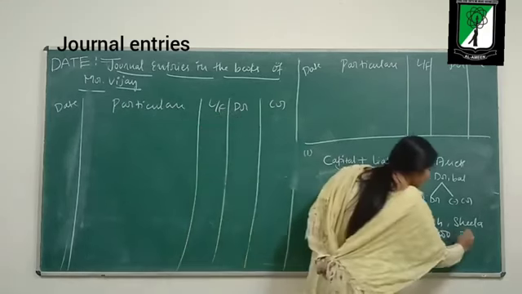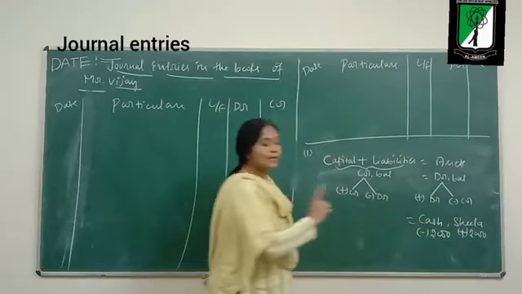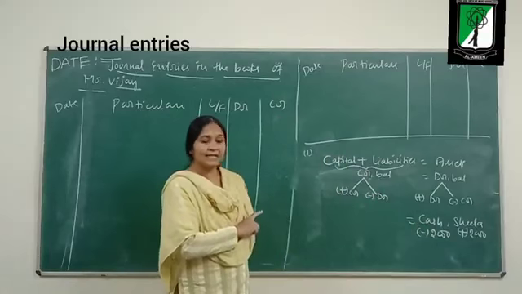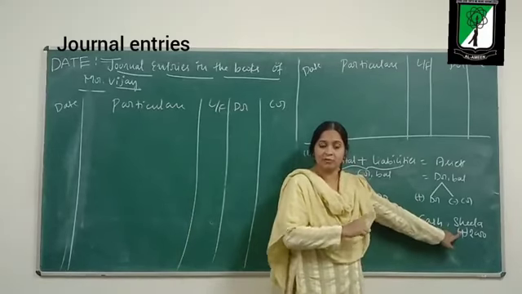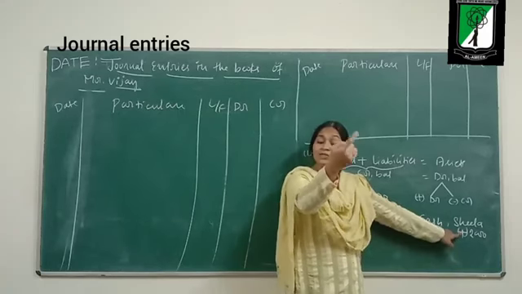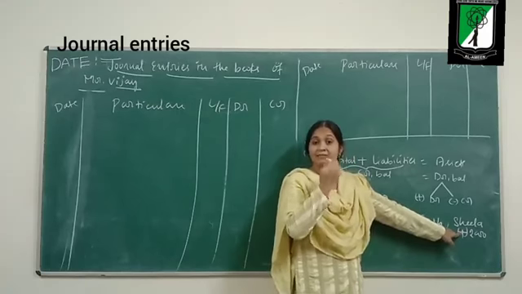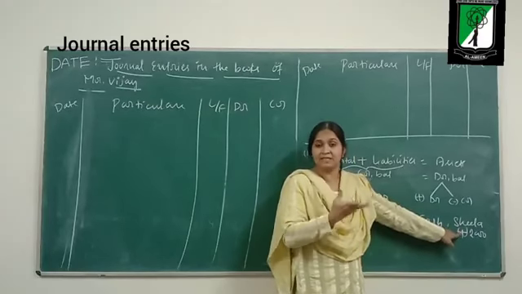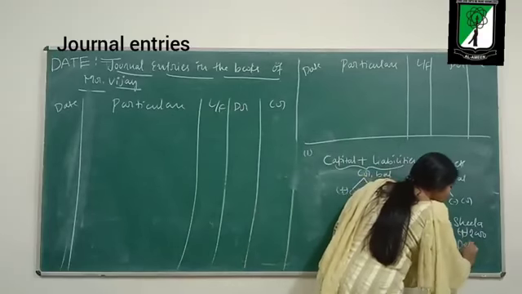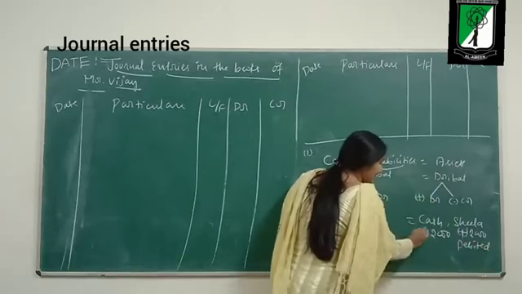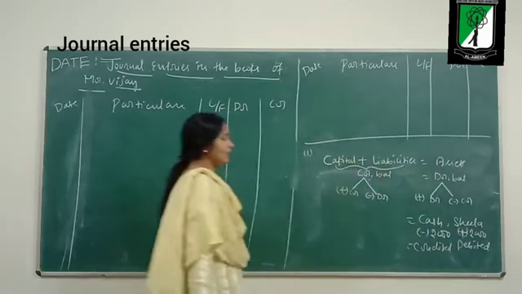Increase in asset should be debited, decrease in asset should be credited. Here my asset is increasing, because in future she has promised to make me payment. If I am to receive money, it is my asset. So increase in asset should be debited, and decrease should be credited.